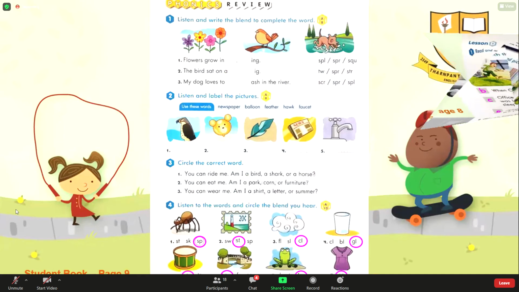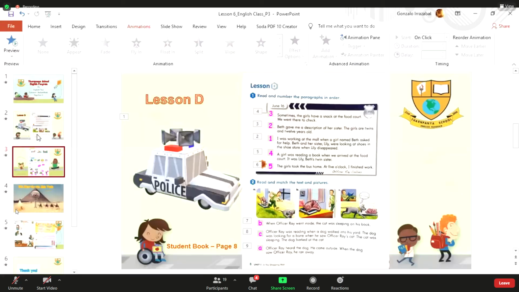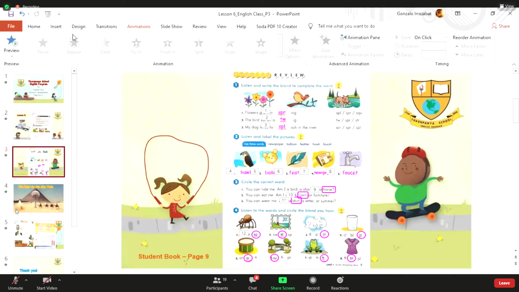Let's go now to page number 8. Let me change some things here. Page number 8 now.